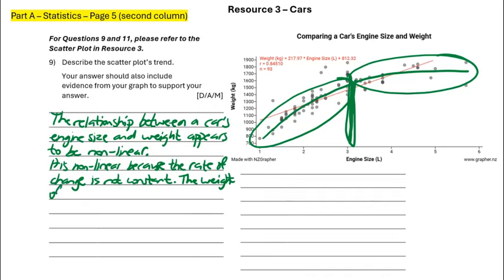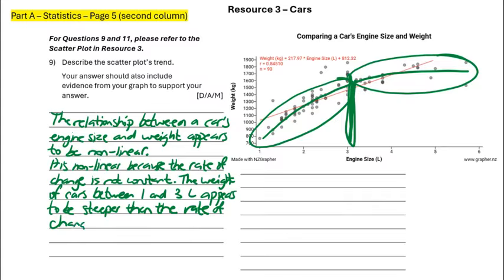So the weight of cars between 1 and 3 litres appears to be steeper than the rate of change for cars with an engine size of greater than 3 litres.